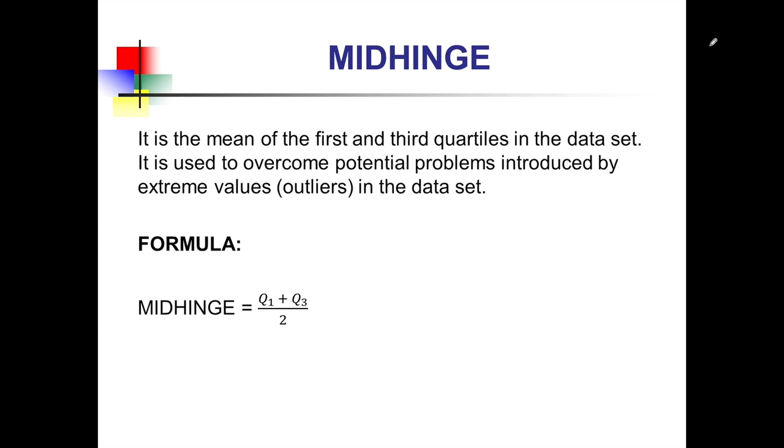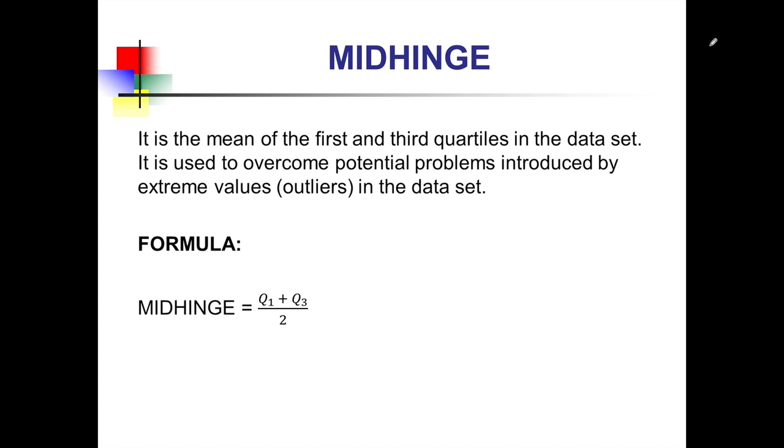Halimbawa, sa labahin mo, 30 pieces na damit, puro itim, tapos meron kang dalawa or tatlong puti. Those are outliers, lalo na pag isa lang, napaka-obvious. Kumbaga sa dataset mo, ang range mo 1 to 50 lang, tapos biglang may data na umabot ng 200. That is the outlier.